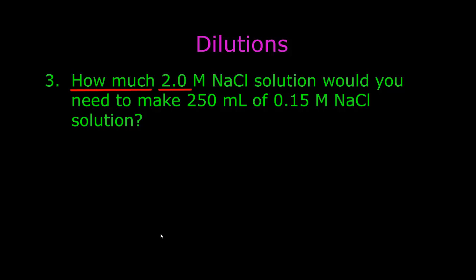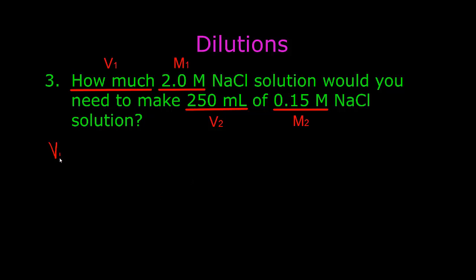How much 2 molar sodium chloride solution would you need to make 250 milliliters of a 0.15 molar NaCl solution? 2.0 M, that is a molarity. And then it says how much, so that's a volume. Initial, because it says how much of this would you need to make. 250 milliliters would be our final volume, and 0.15 molar is our final molarity.